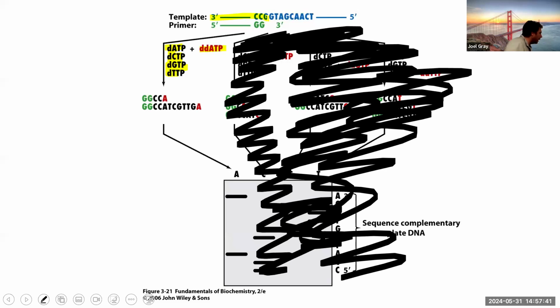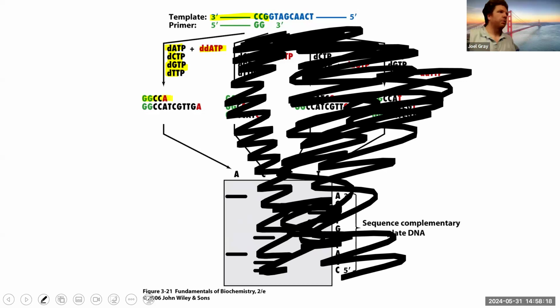So it's going to reach its hand into that bag that has dATP and ddATP. If it pulls out a dATP, it's going to put it on there. And since it's a dATP, we're going to be able to continue making the piece of DNA after that. Does everyone follow? In the event that it puts its hand in that A bag and pulls out a ddATP, well, that ddATP is going to be a terminator.